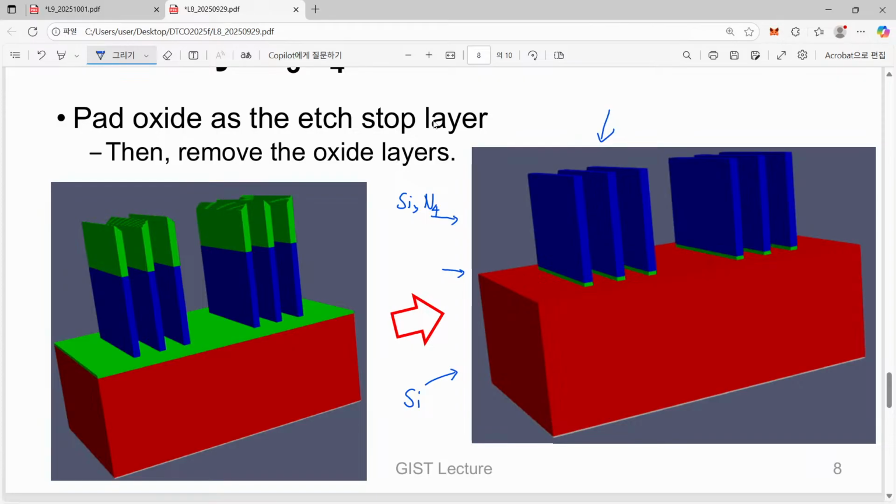Another consideration is that previously we also had patterns here and there. However, they are not used in our actual device fabrication, so we have eliminated them. This part is the so-called fin cut. Fins are eliminated from our structure.